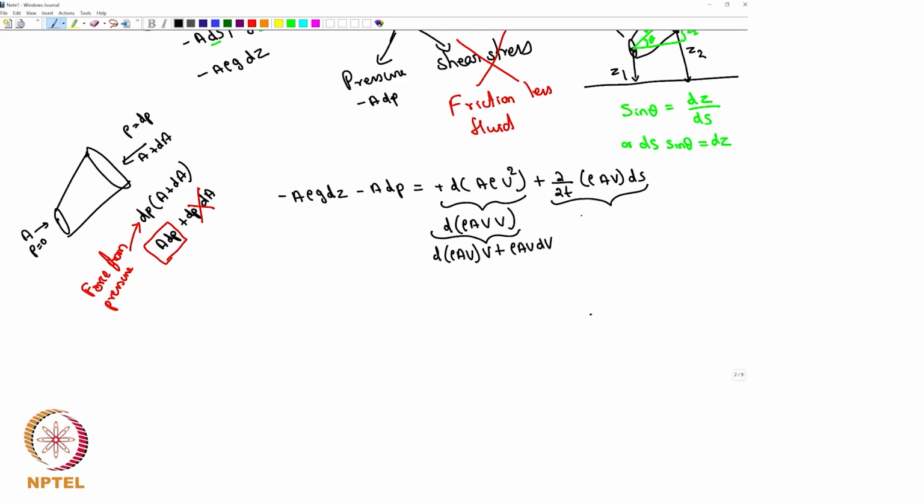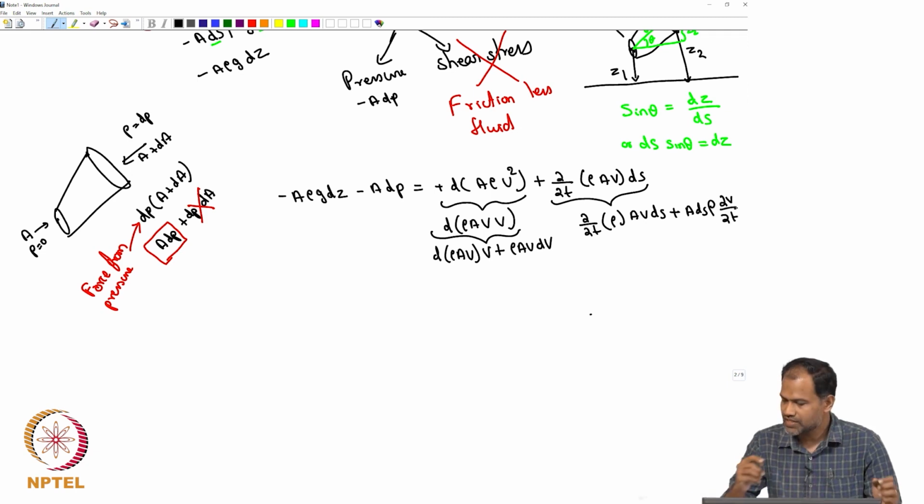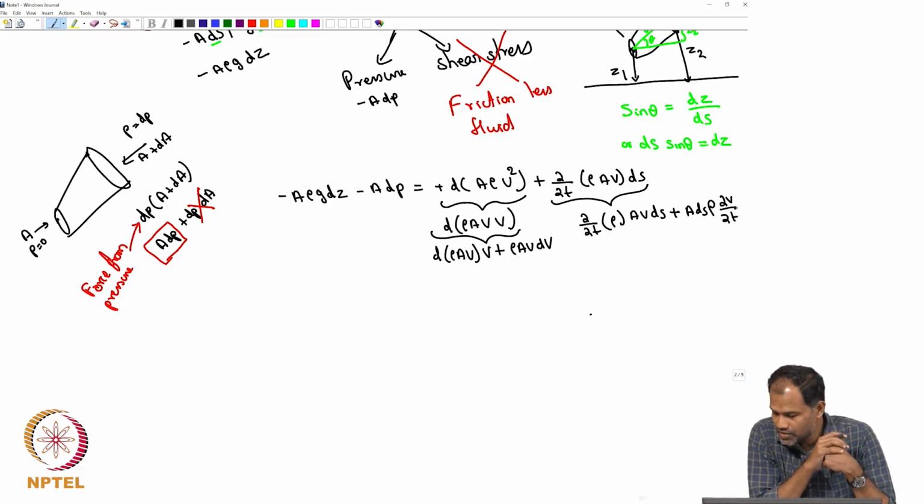Then here this is going to be ∂/∂t of ρ into AV ds plus A ds into ρ into ∂v/∂t. So, as far as time differentiation is concerned, A and ds are constants. So, ρ into v is what I need to really differentiate. So, I have taken the derivative of ρ with respect to time times everything plus the differential of velocity with respect to time multiplied by everything.